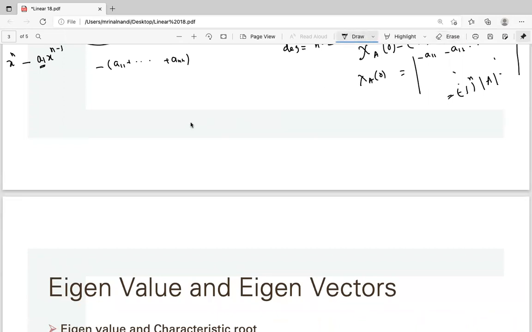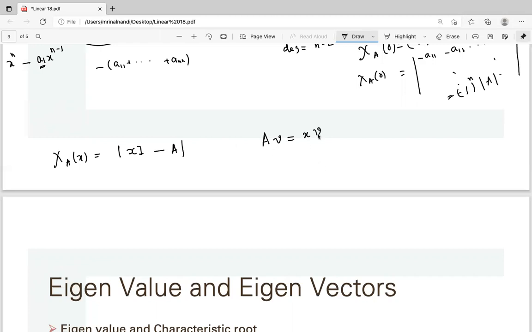Now say this is the characteristic polynomial, the determinant of this. A is an n cross n matrix. Now this is equivalent to, say, Ax equal to lambda x, sorry, we just write AV equal to xV.